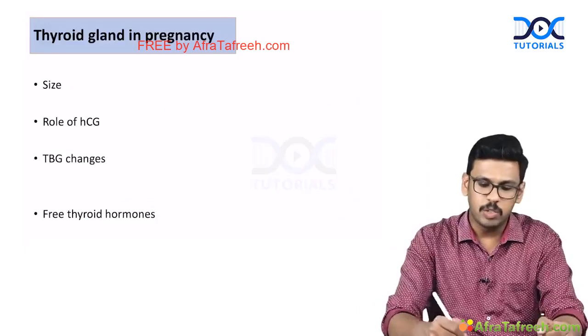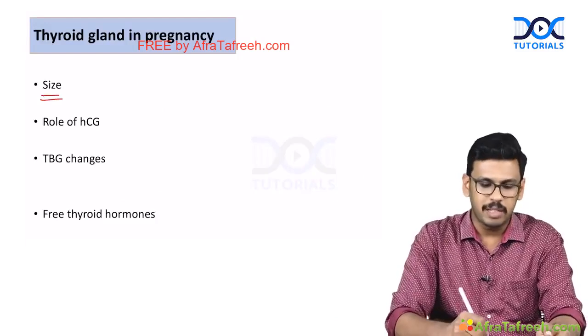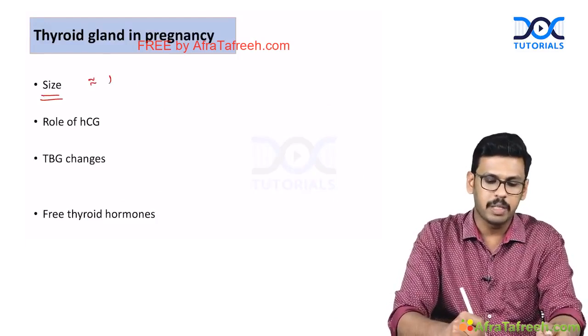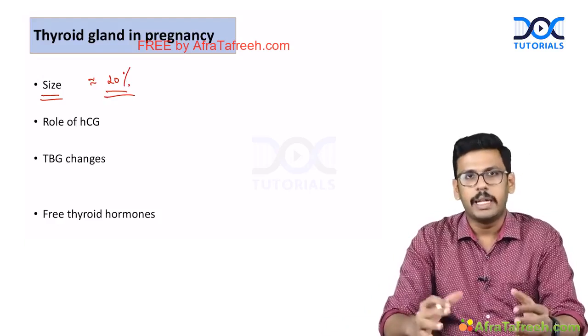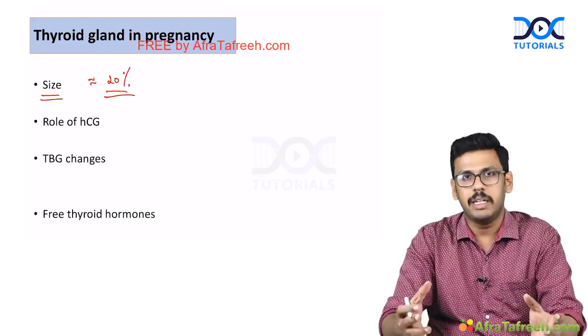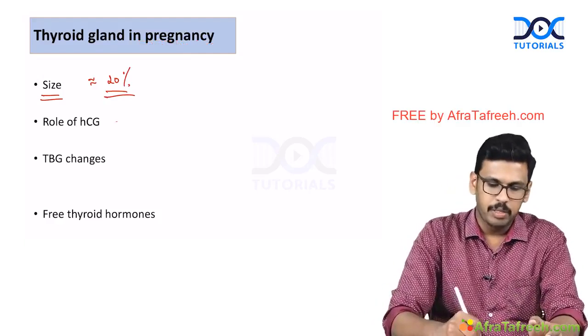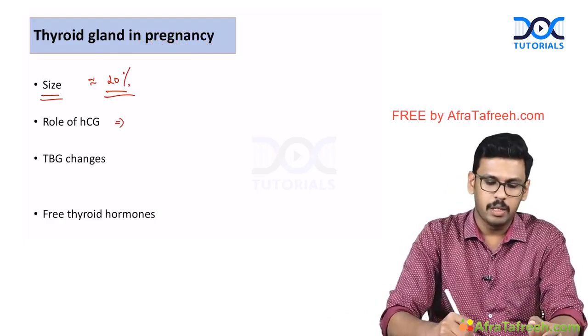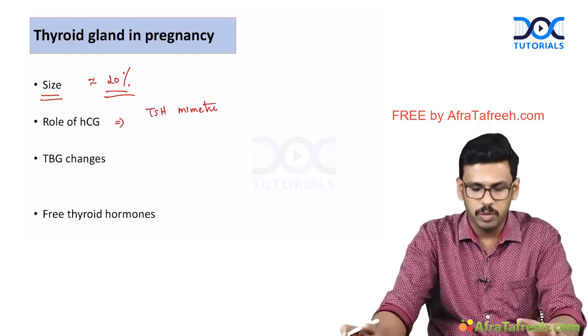Now, what are the changes to the thyroid gland in pregnancy? Of course, the size increases, the volume increases by around 20%. As you know, in the first trimester, there is increased HCG level, which is produced in the placenta. This HCG has got a TSH mimetic action, which can result in gestational thyrotoxicosis.